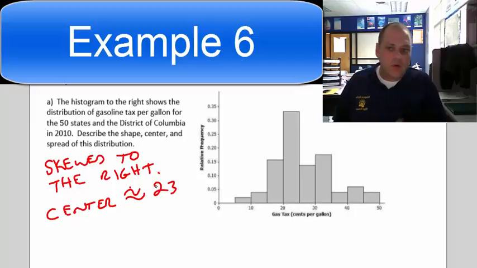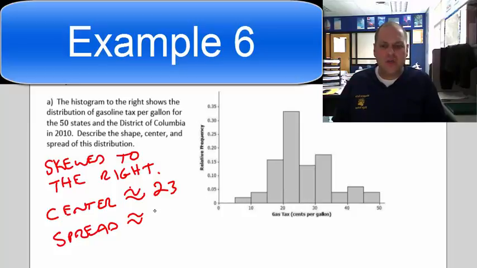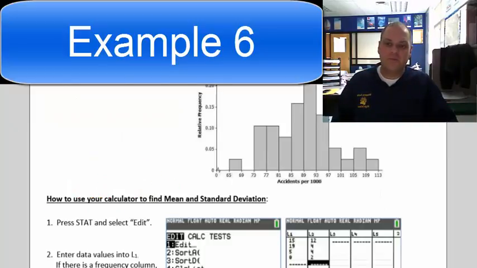I'll put 23. You might put 22, 21, whatever. The spread is what you think the deviation is, where a typical value might be. I'd say approximately 10 each way is the spread. Again, we are just estimating here.